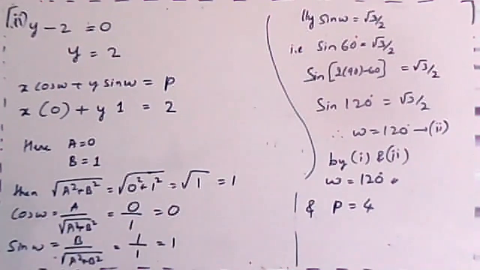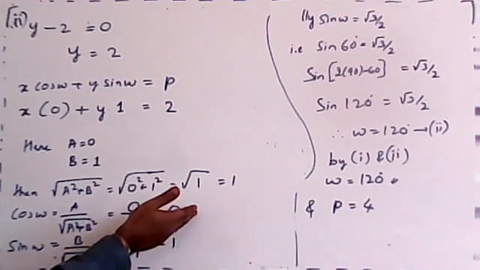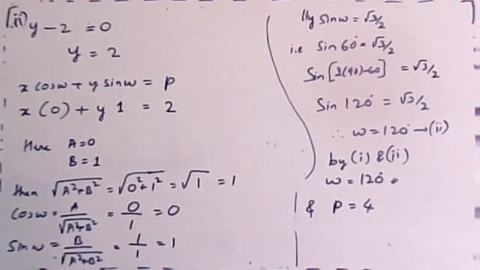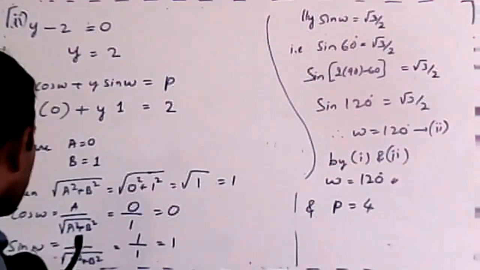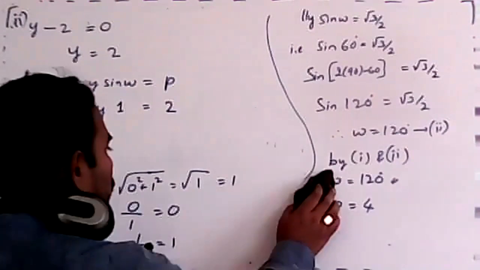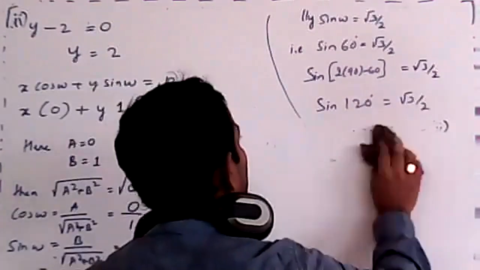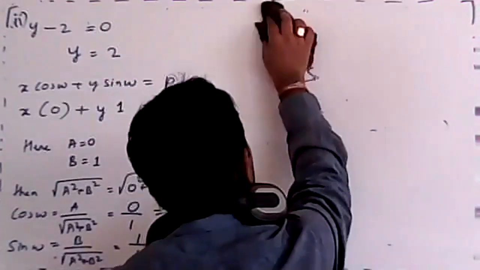So when is it possible? Cos omega is positive, sin omega is also positive. When the angle is in the first quadrant.